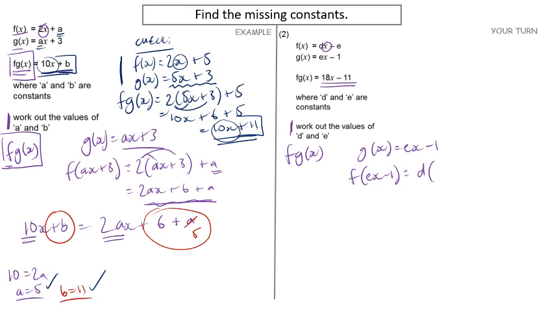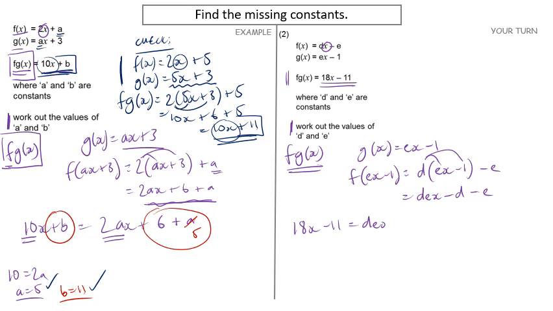So we've got d open brackets ex minus 1 minus e. Again, we can expand these brackets, dex minus d minus e. So that's f of g of x, which we're told is equal to 18x minus 11.